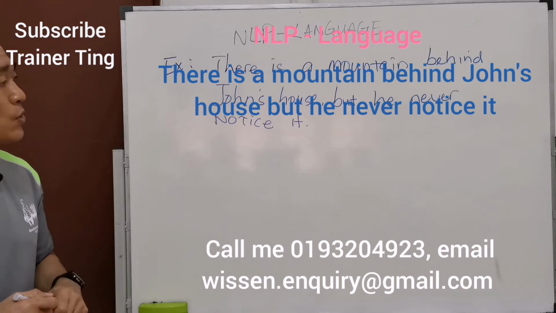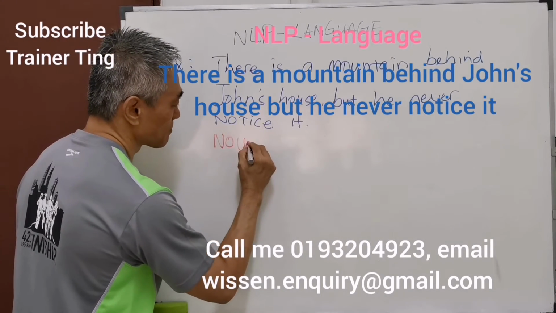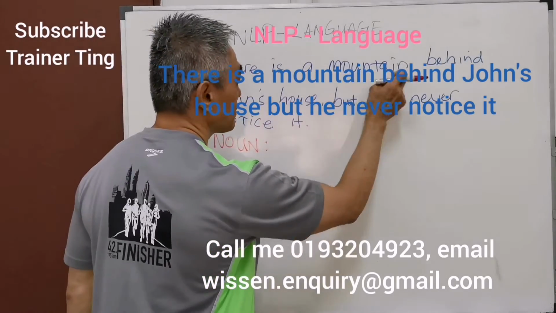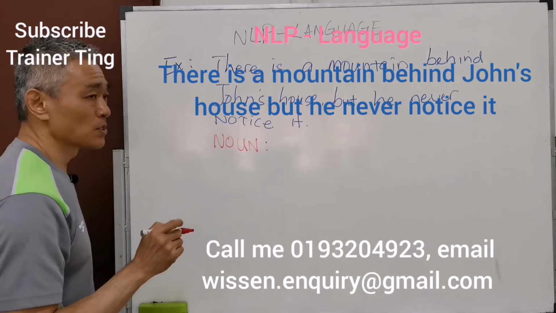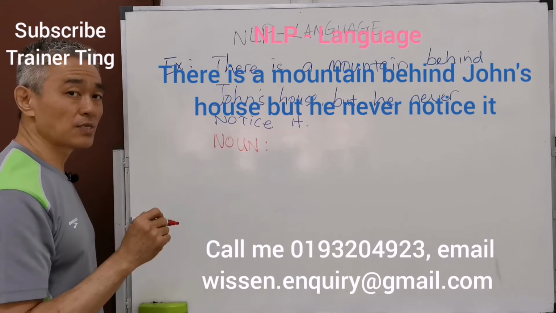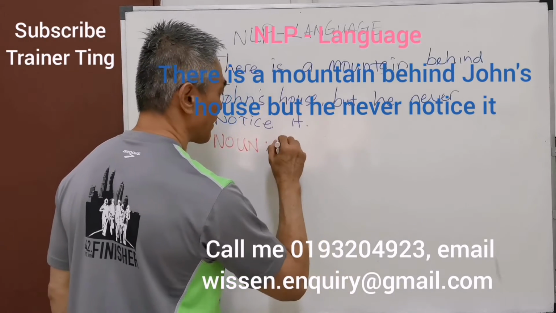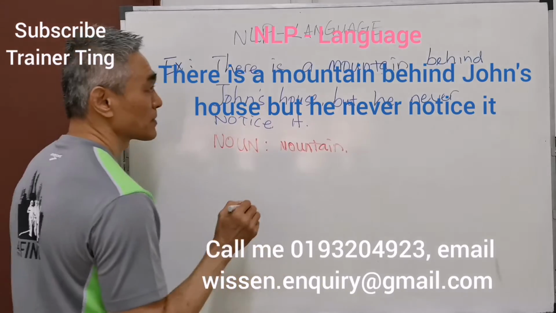The first thing we look at is where the nouns are. So there is a mountain behind John's house, but he never noticed it. Where are the nouns? Mountain is a noun.